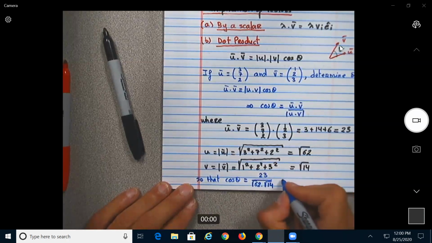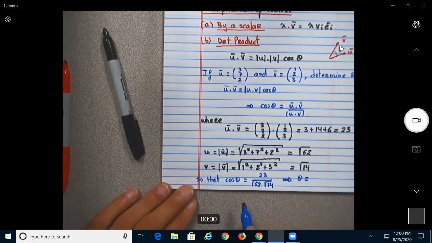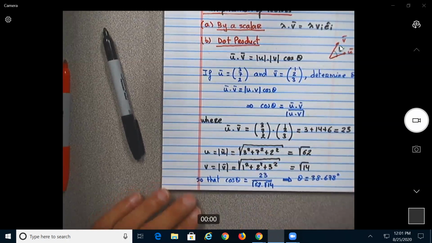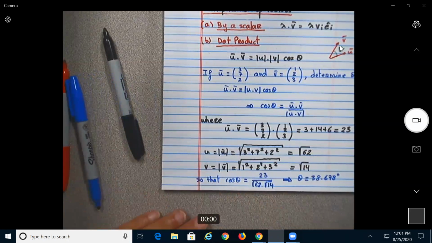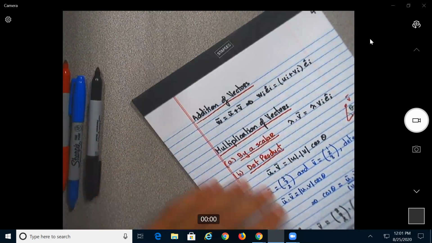And if you do the calculation, then you do the arccosine, it should give you that theta is equal to 38.678 degrees. Okay, so that should be this vector over here, the one right here. Okay, all right.